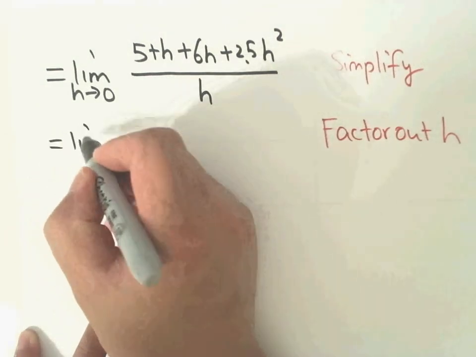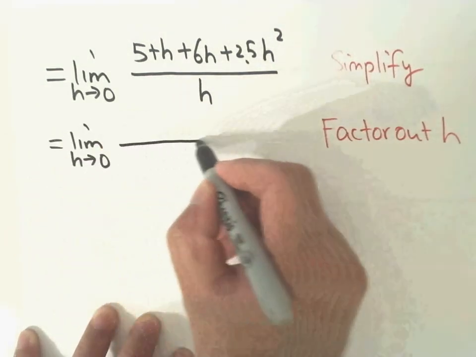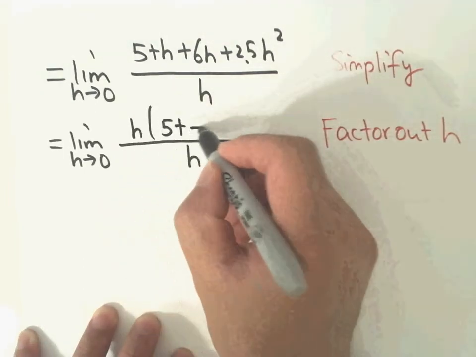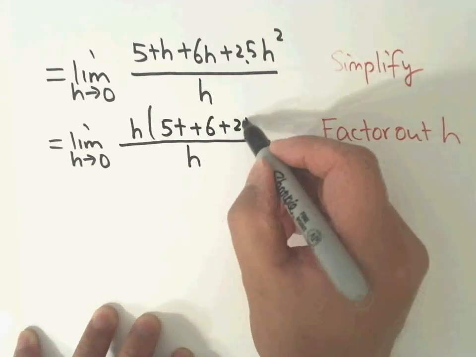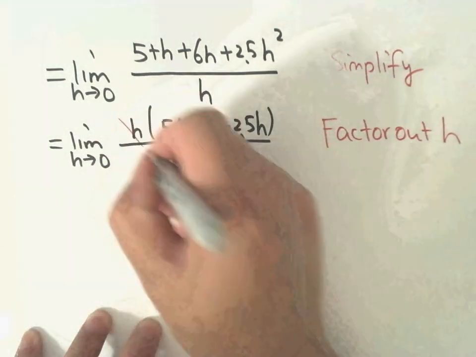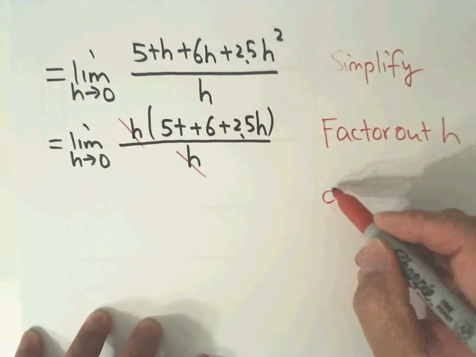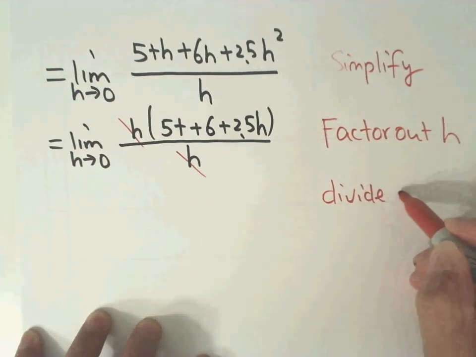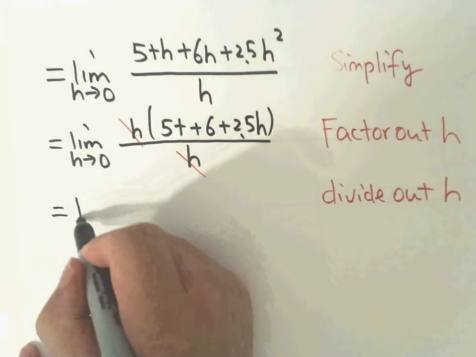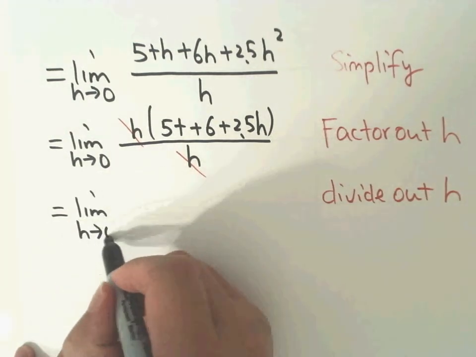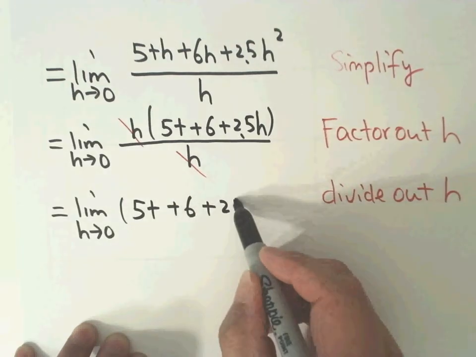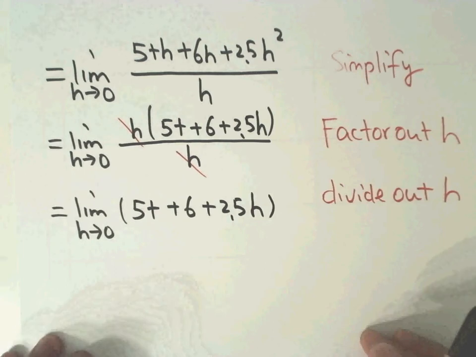After factoring out the h, the bottom is h, the top is h times (5t plus 6 plus 2.5h). Then h is a common factor, so we can divide it out and almost have the result. We are left with 5t plus 6 plus 2.5h.